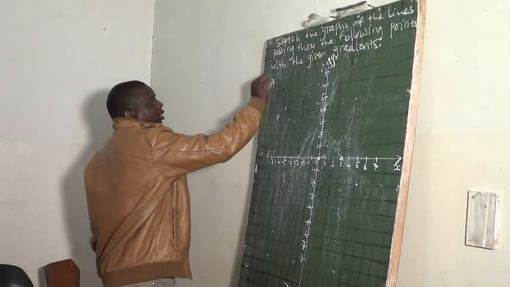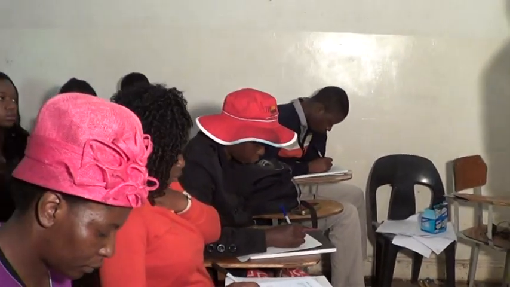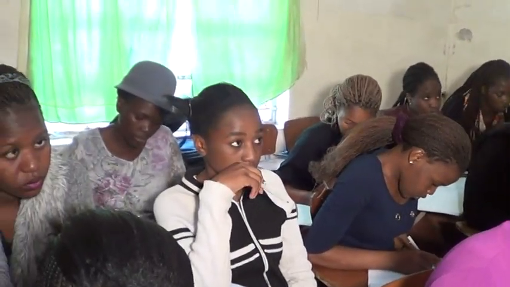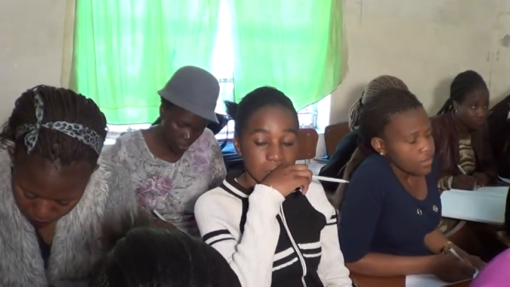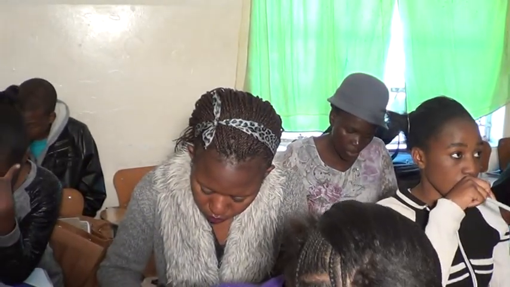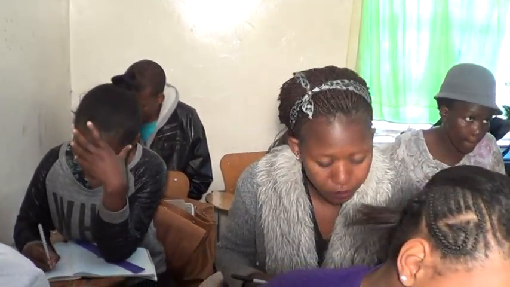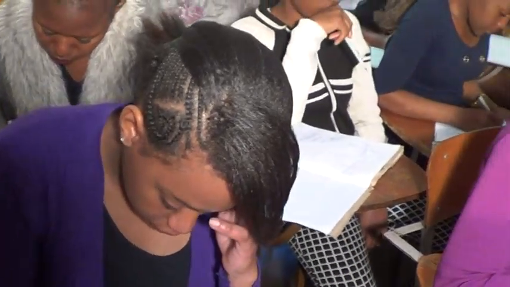Now go to the points. Minus 1, 2, gradient minus 3 over 4. Another point is 4, minus 2, with its gradient.